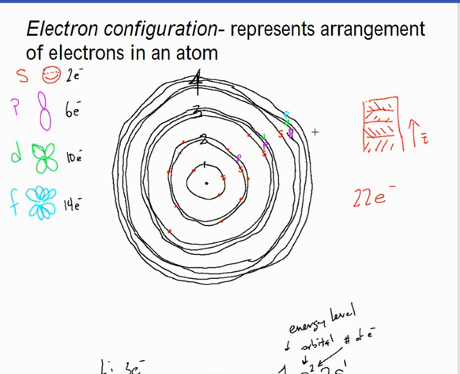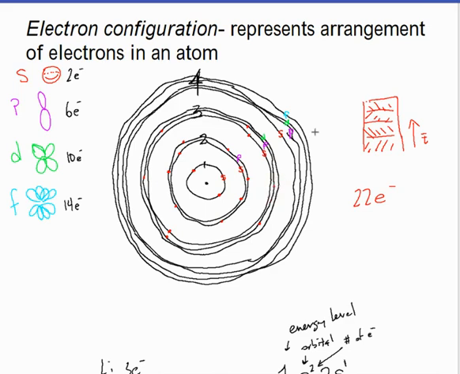So there's 12. Now the 3s is filled, and I'm going to come out and fill the 3p with 6 electrons. So there's 1, there's 2, kind of hard to see, 3, 4, let's do 5, and 6.